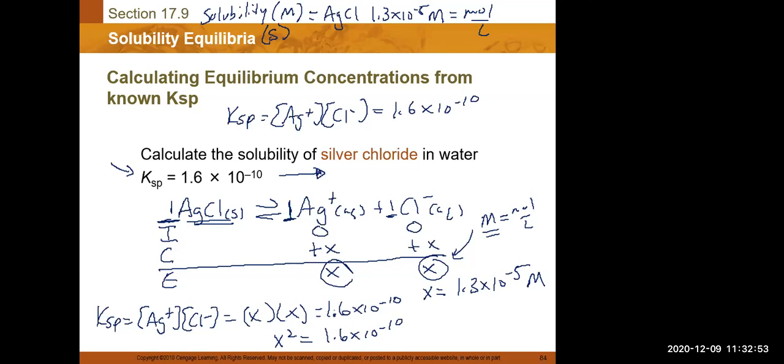If we multiply by 143.35 grams per mole, we end up with something like 0.00186 grams per liter. So what does that number represent? That is how many grams of silver chloride you could get to dissolve in 1,000 milliliters of water.